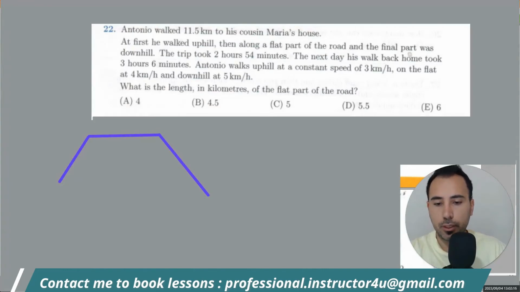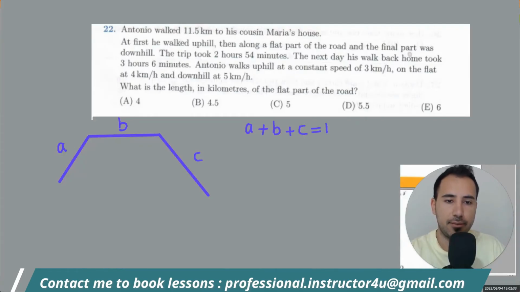So we're going to call the first part A kilometers, B kilometers, and C kilometers. Okay, so we're going to have A plus B plus C is equal to 11.5. Okay, so he goes A uphill on the way to Maria's house.